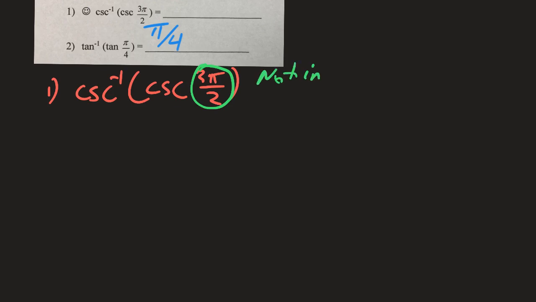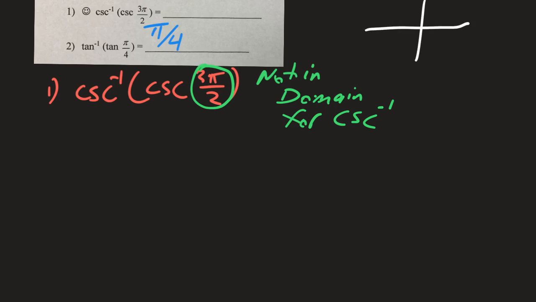Not in domain. So that is going to lead me to a different answer when I calculate this out. It might be undefined, or we may just get a completely different answer. So that is for cosecant inverse. Let's check our diagram to see where our answer should be.